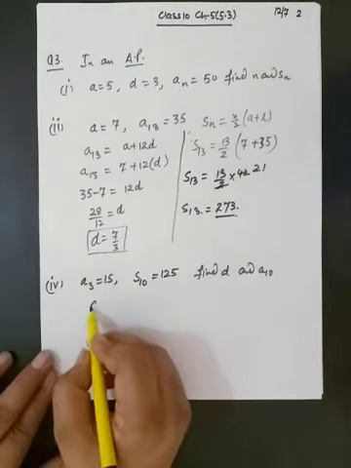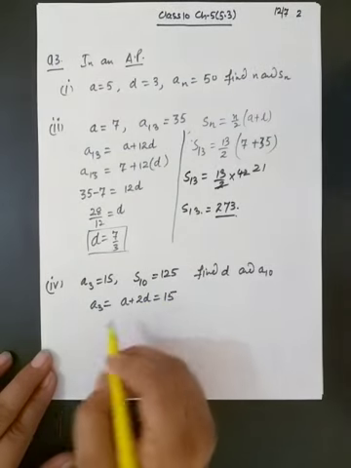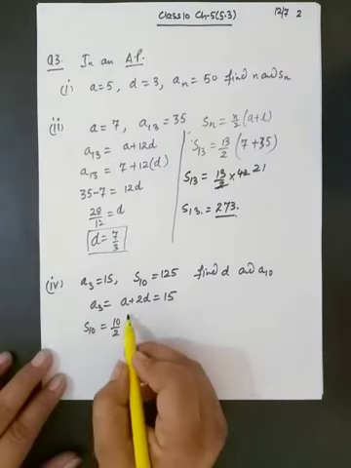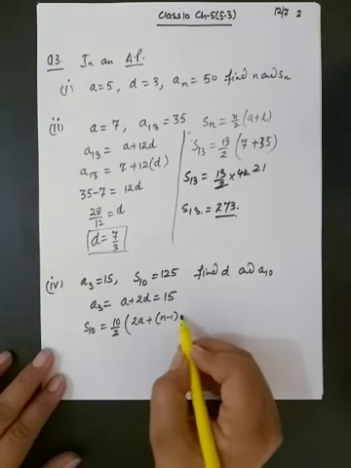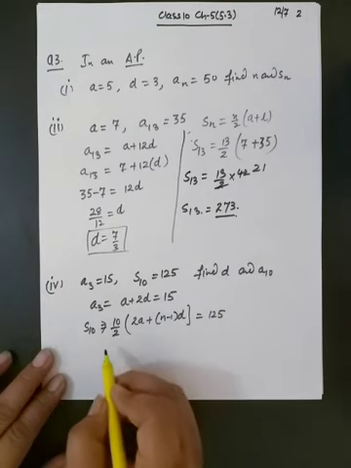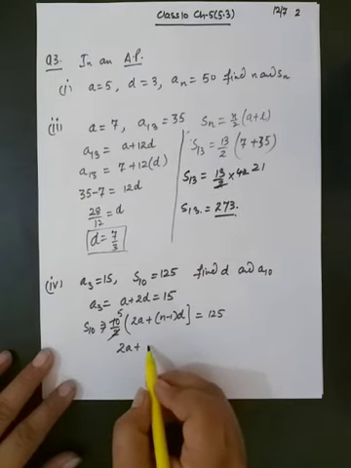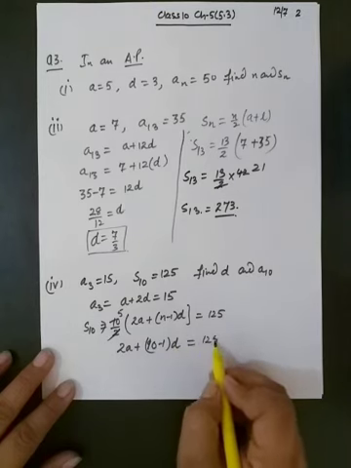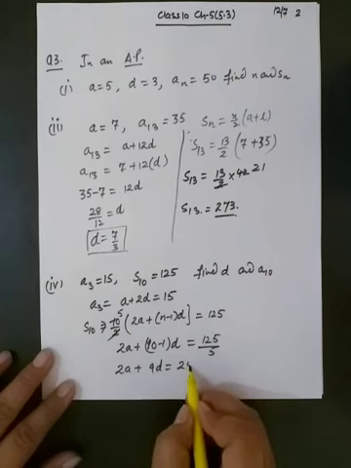Here a3 means a plus 2d, and that is equal to 15, and S10 means 10 by 2 into (2a plus (n minus 1) into d) is equal to 125. Now we can write it as 2a plus, n is 10, so putting 10 in place of n, and we get 2a plus 9d is equal to 25.